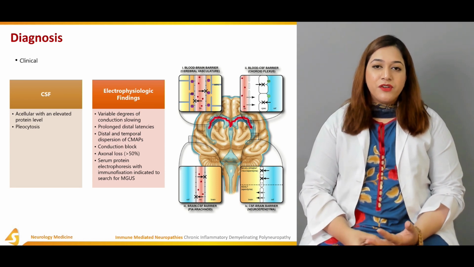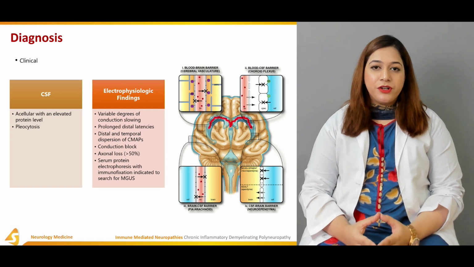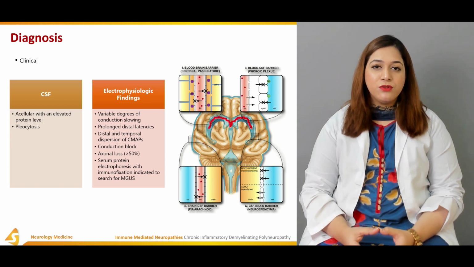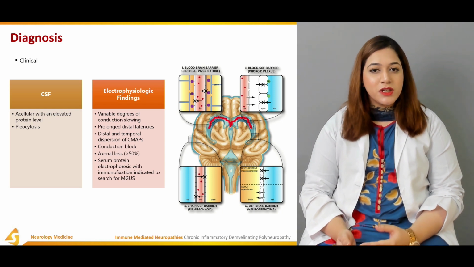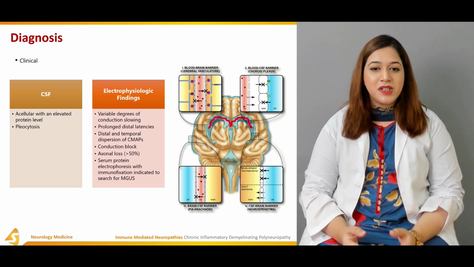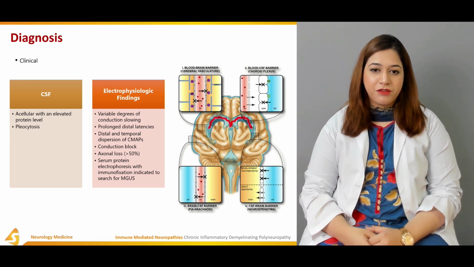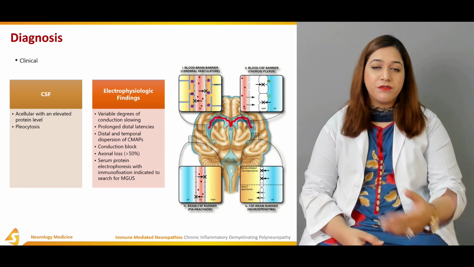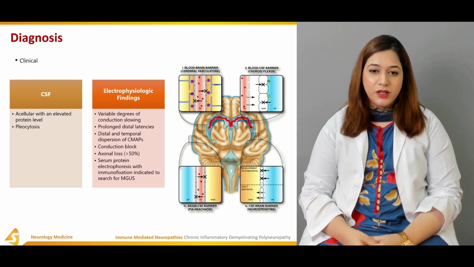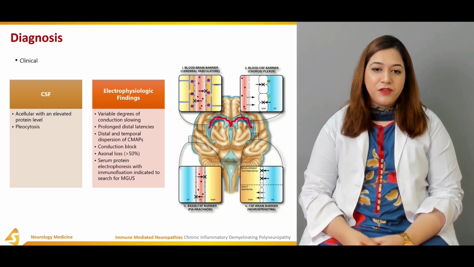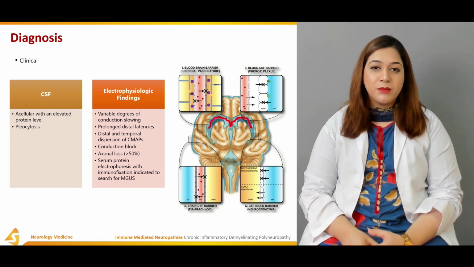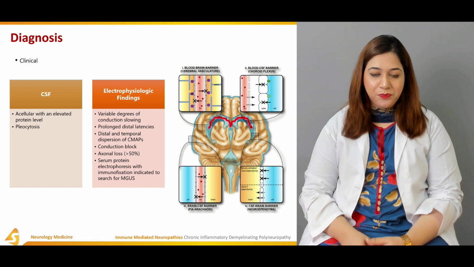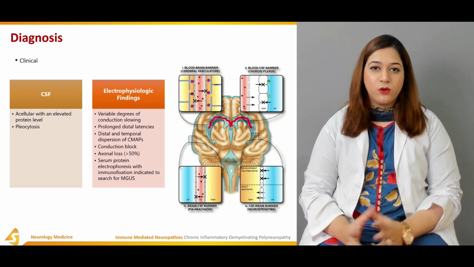Now, whenever there is damage of nerve sheath, it leads to decrease in the transmission of signal across the nerve fibers, due to which we see variable degrees of conduction slowing on electrophysiologic findings, on nerve conduction studies. Now, if we talk about temporal dispersion of compound muscle action potentials, let me give you an overview about this.